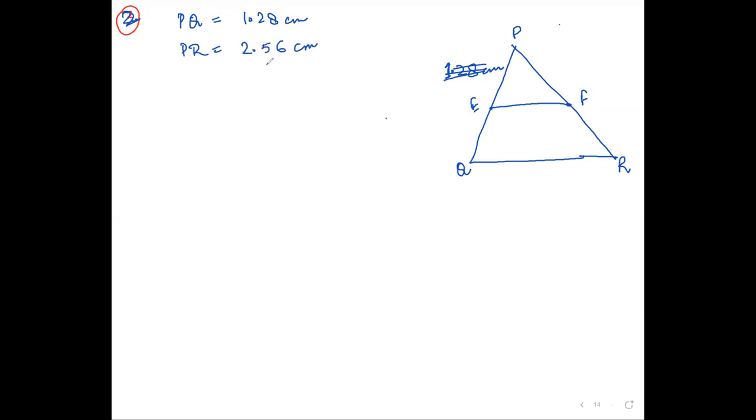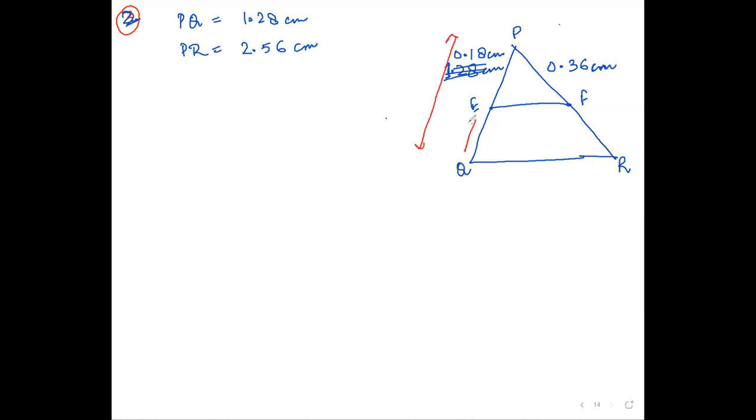Then PE is given 0.18, so I can directly write here 0.18. This is PE. And PF is equal to 0.36 centimeter.